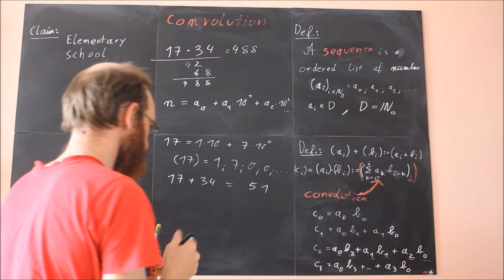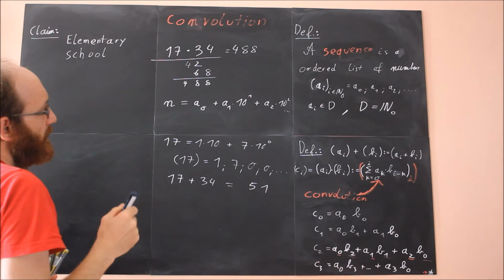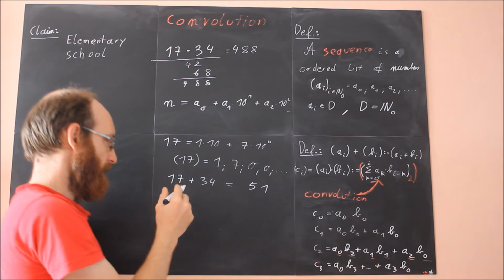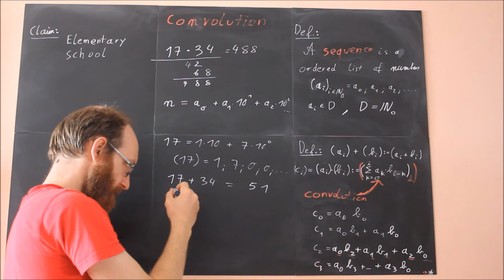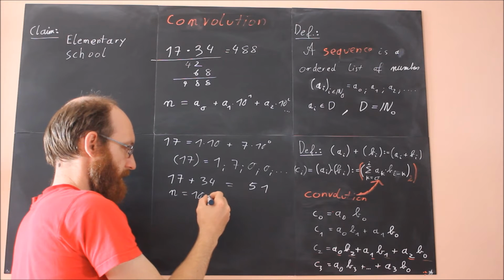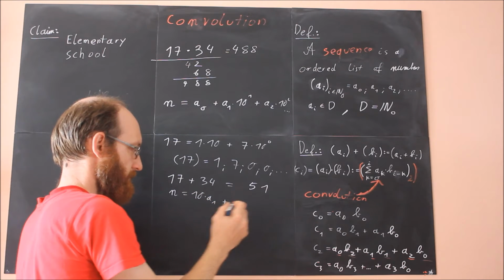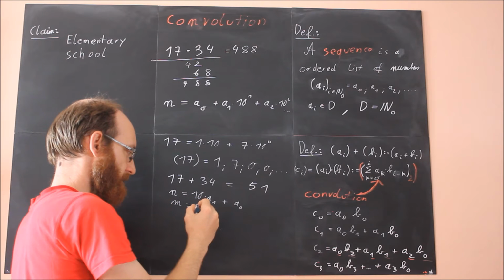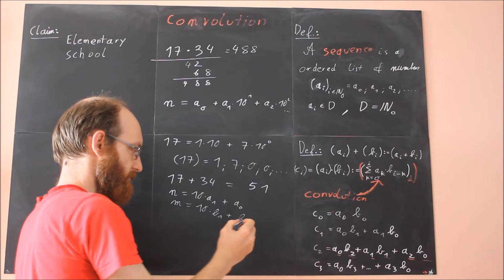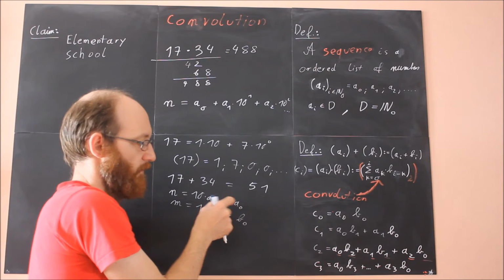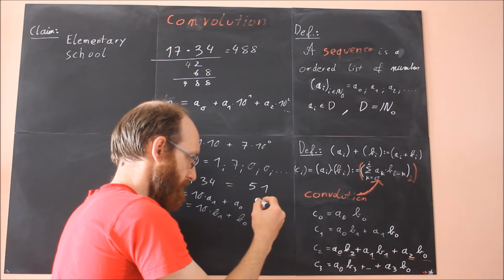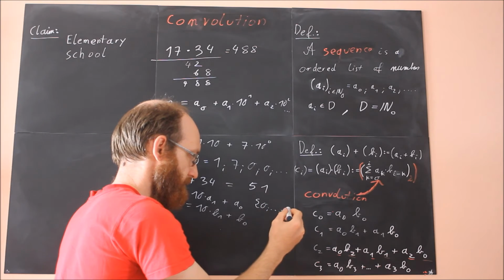And to see this, let's say we have one natural number, 10 times a1 plus a0, and a second natural number 10 times b1 plus b0, where a1, a0, b1, b0 are all from the set 0 up to 9.